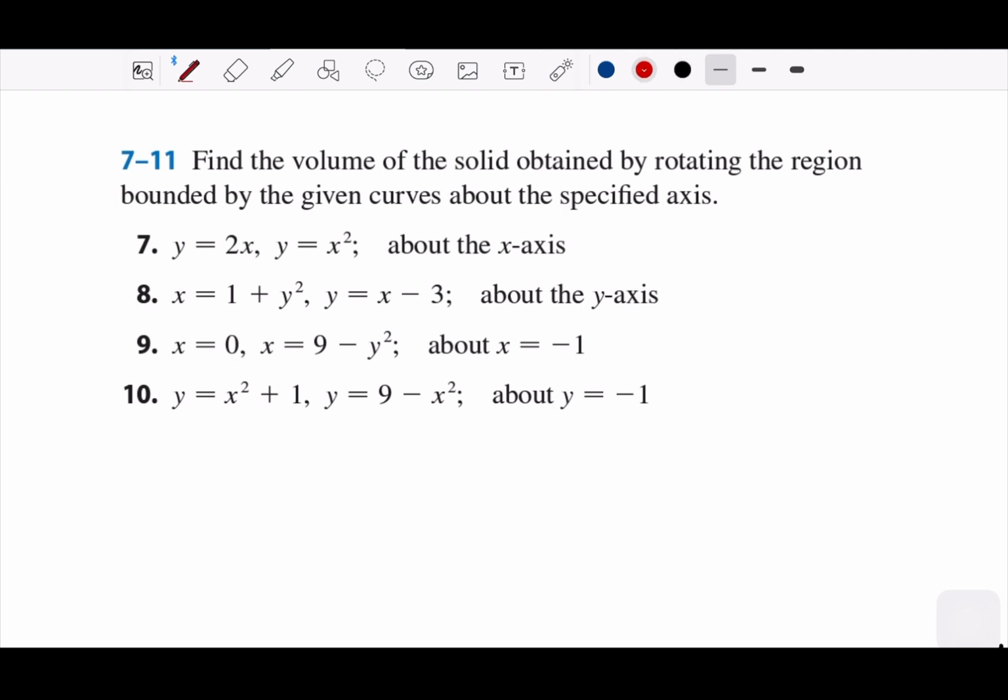Okay, maybe number 8 and number 10. But I think maybe number 8 first. Okay, number 8 first.